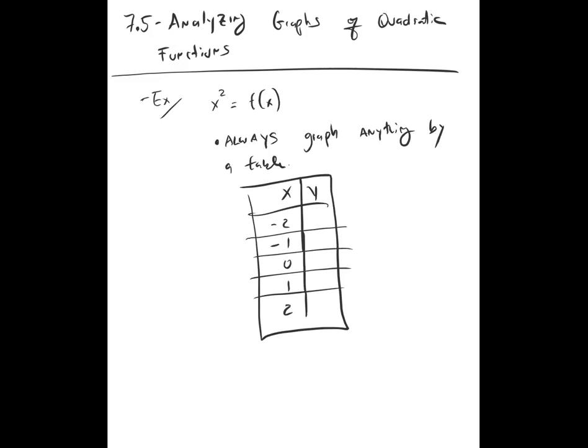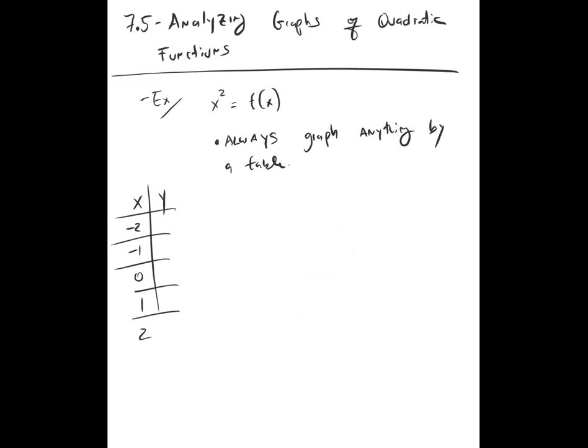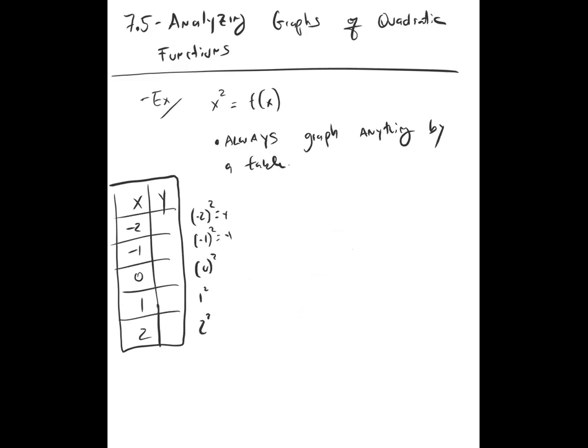Let me move this over to the side and redo this again. That way I have room. So we're just doing -2 squared, which gives us y. -1 squared gives us y. 0 squared, 1 squared, 2 squared.